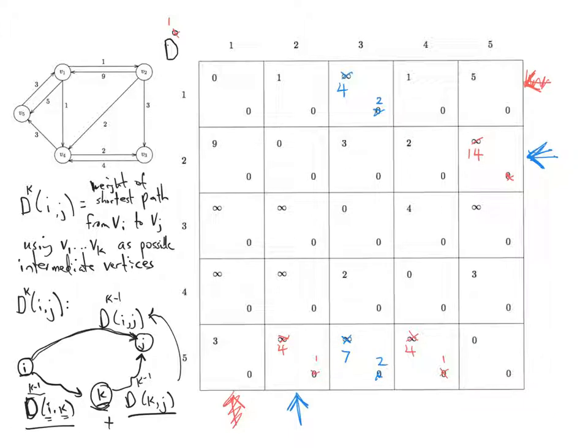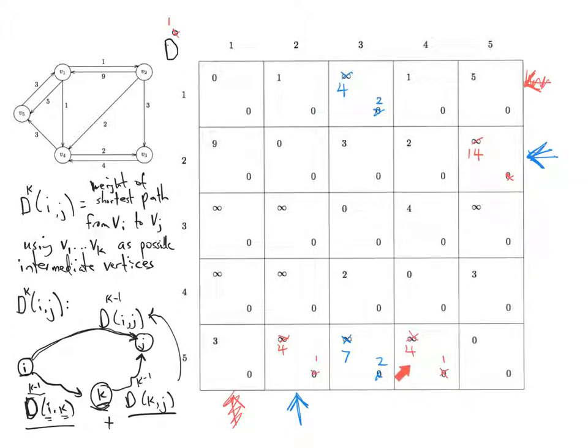So it says to get from 5 to 3, we can go 5 to 2 to 3. So 5 to 2 costs 4, and 2 to 3 costs 3, so the total cost of that path is 7.